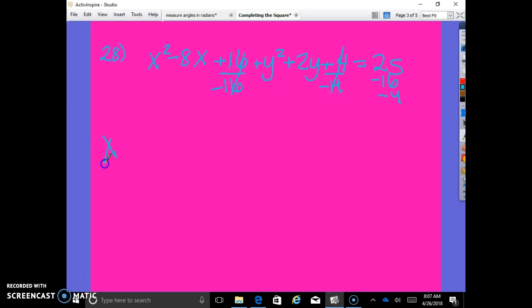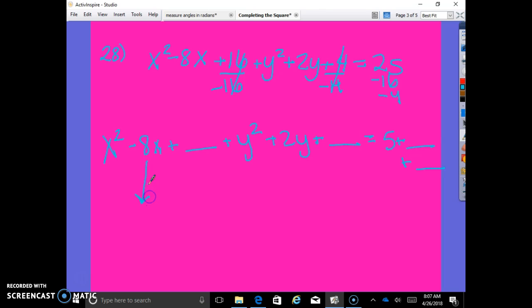So I have x squared minus 8x plus blank plus y squared plus 2y plus blank equals 25 minus 16, which is 9. 9 minus 4 is 5. Plus blank plus blank.